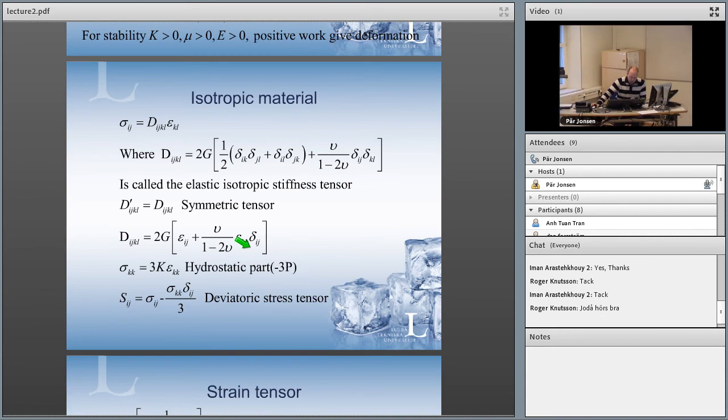One thing that we use in modeling, mathematical modeling of material, is to split into hydrostatic part and deviatoric part for the stress tensor. And this is the trace, and you know that you have a connection there with the bulk modulus. So if you have a volumetric change in your system, you can directly calculate from knowing the bulk modulus, you can find the trace of the stress tensor.